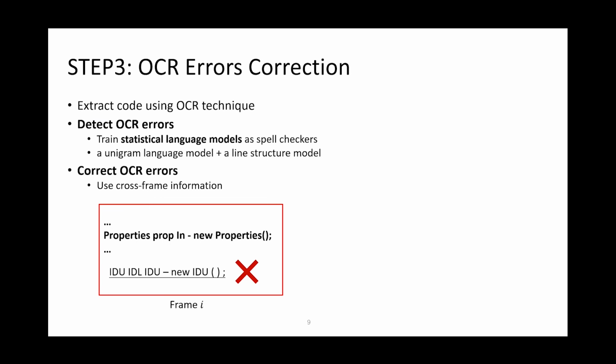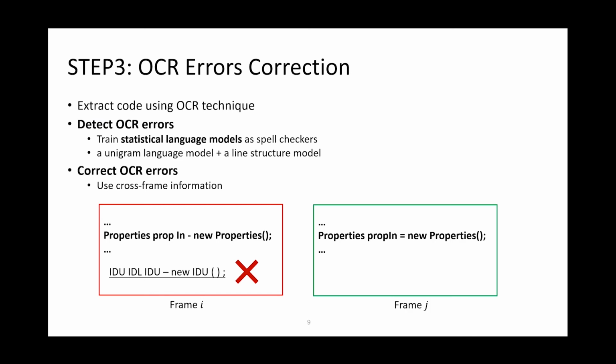Here, IDU and IDL represent identifiers with upper and lower characters. However, in frame J, this code line is correctly recognized. So fixing a detected error code line is pretty straightforward. We match it with correct candidate code lines using edit distance and replace it with the matched correct counterpart.